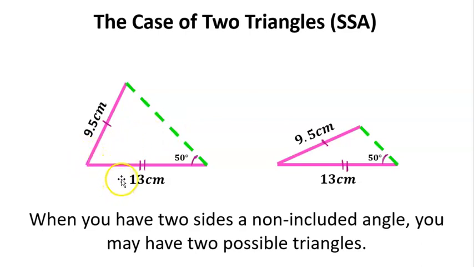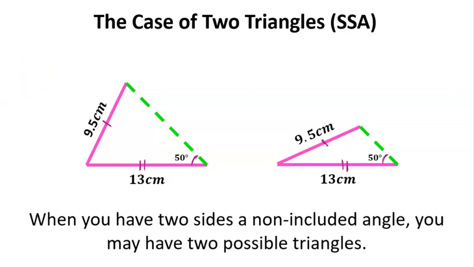And so when we have two sides and a non-included angle, we could end up with two possible triangles. With the triangles we just had, they gave us two of the angle measures, and so they could only be one triangle because we could figure out that third one.